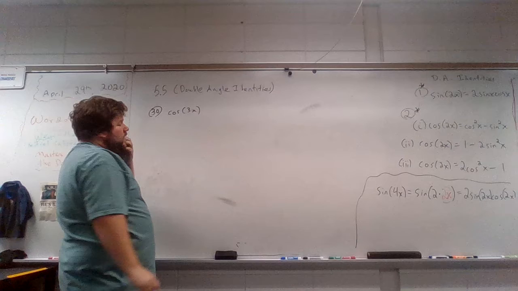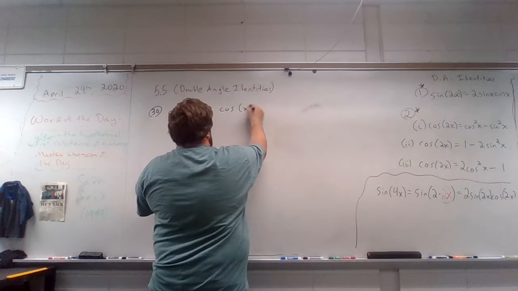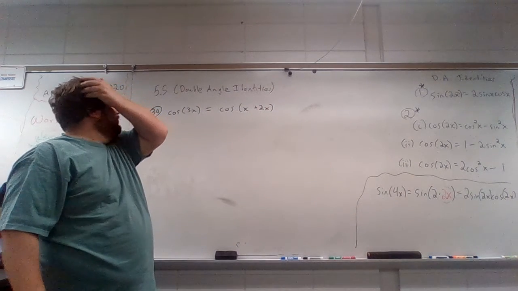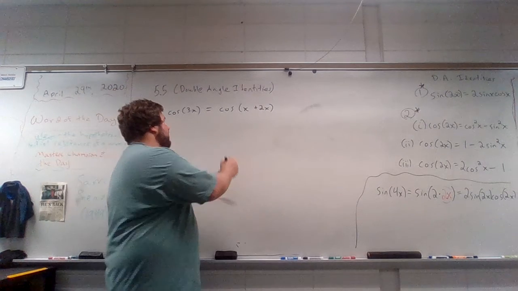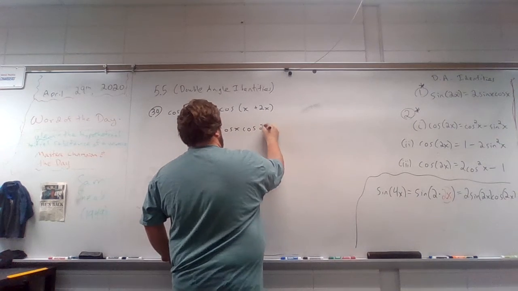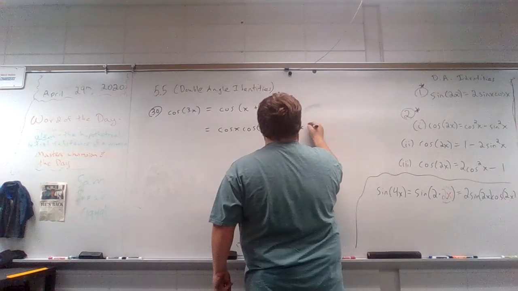So this one I'm dealing with a 3 instead of a 2. I'll just do cosine of x plus 2x. So here I am just going to use the sum identity for cosine. So it's going to be cosine of x, cosine of 2x, and then I've got a minus sine x times the sine of 2x.